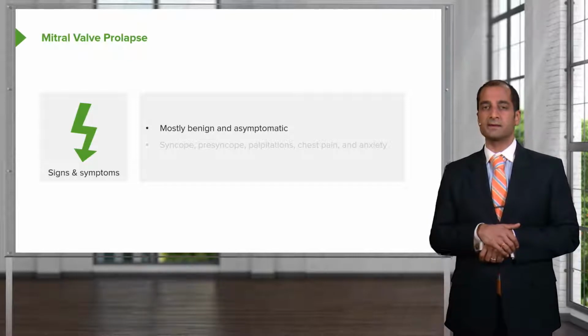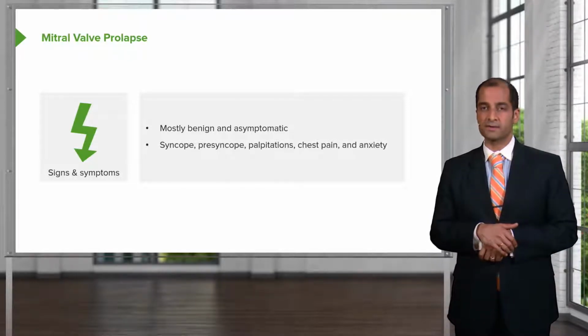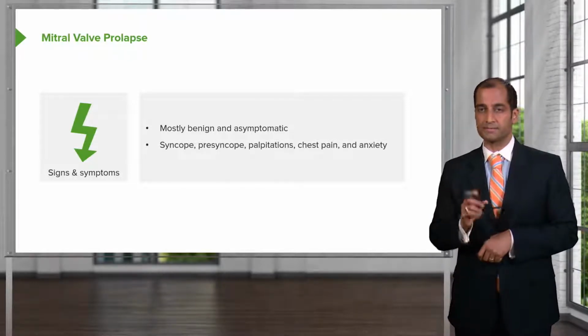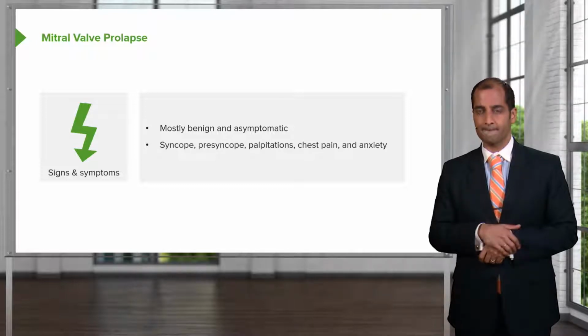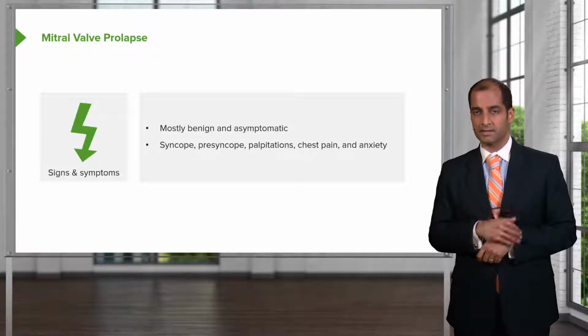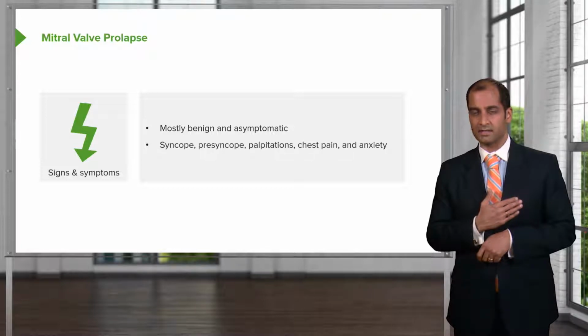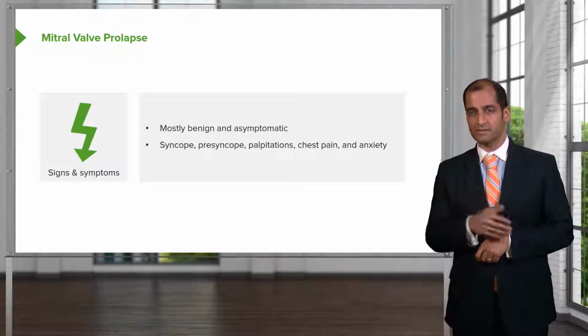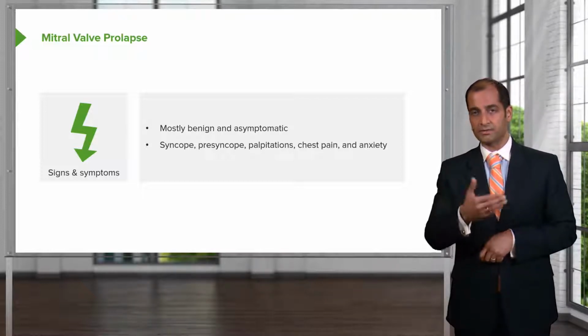Mostly benign, asymptomatic, but worst case scenario, you're thinking about syncope issues and chest pain, especially with anxiety. MVP and mid-systolic click. Hey, doc, I feel like my heart is palpitating. Hey, doc, I feel like my heart is going to jump out of my chest. You know, those are things that your patients are going to then express to you.